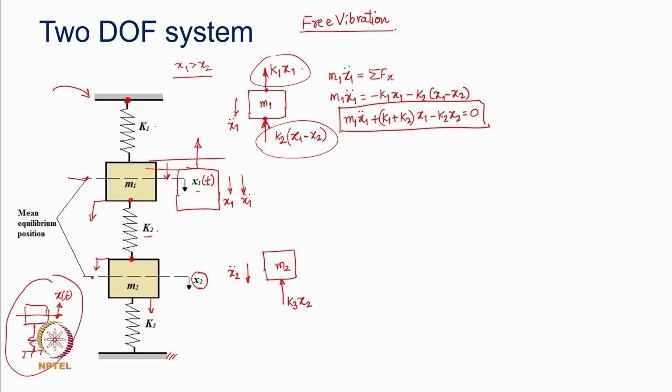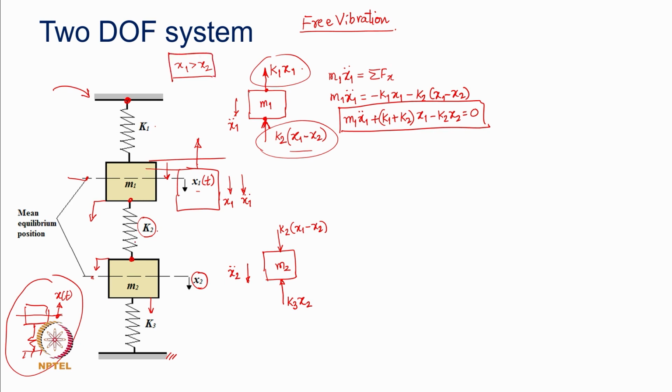This being fixed, the other end being fixed. What about the other force coming from k2? It will be simply equal and opposite to this force. So, I can represent this force coming from k2 to be of the same magnitude, just that it is going to act downwards. Mass m1 pushes downwards with an amplitude greater than x2; x1 is assumed greater than x2.